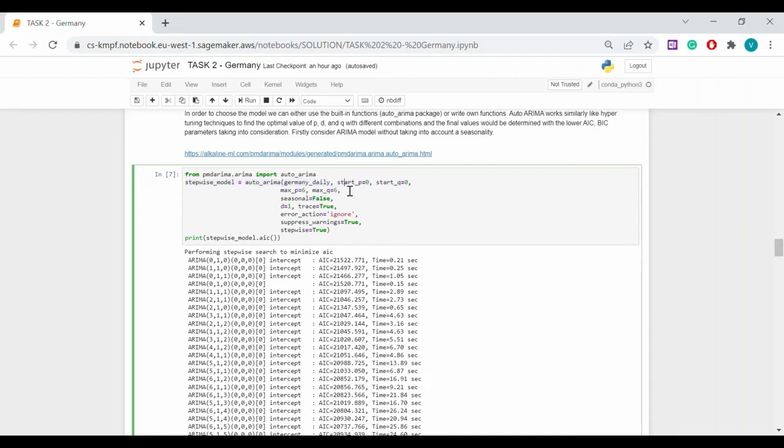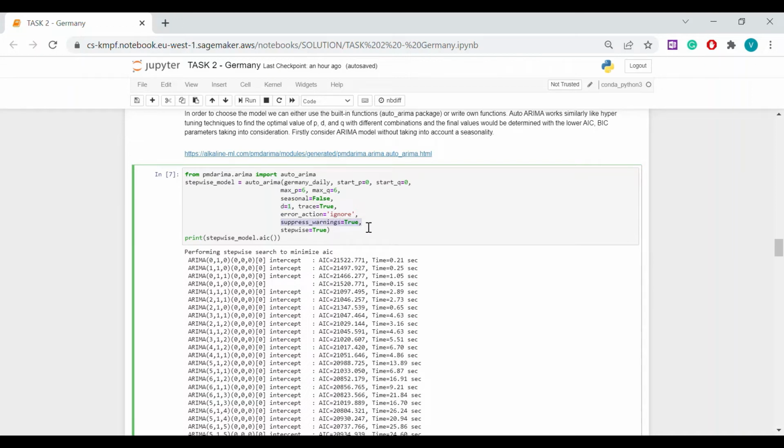We indicate the starting values for the search of the parameters P and Q. We specify the maximum possible values for the parameters P and Q. We set the seasonal parameter equal to false, specifying that we do not take into account seasonality. We set the difference parameter equal to 1.